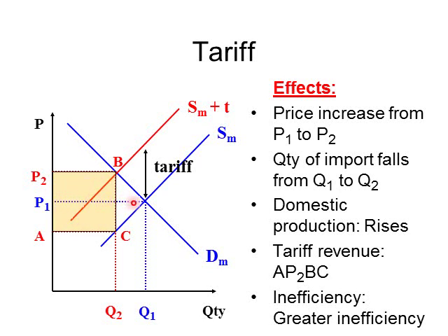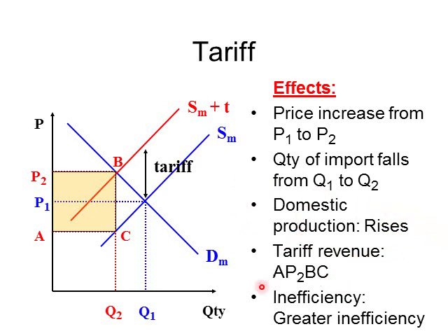Now, consumers who used to buy this imported good now have to pay P2 instead of P1. Domestic production becomes more competitive because domestic prices did not change. So people may turn to buying domestic, and domestic production will rise.